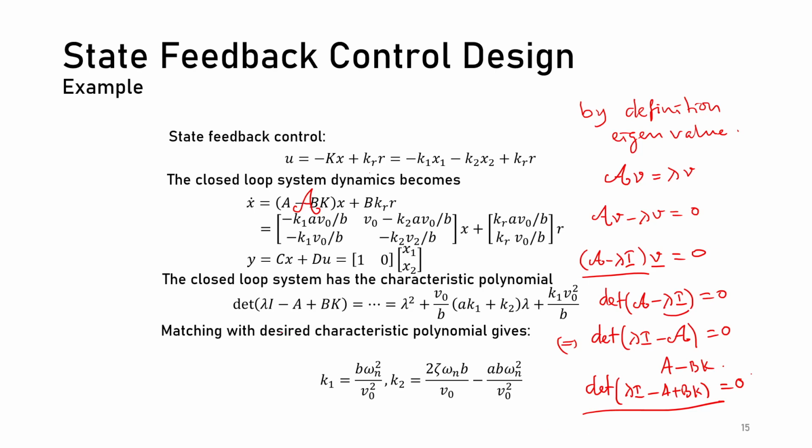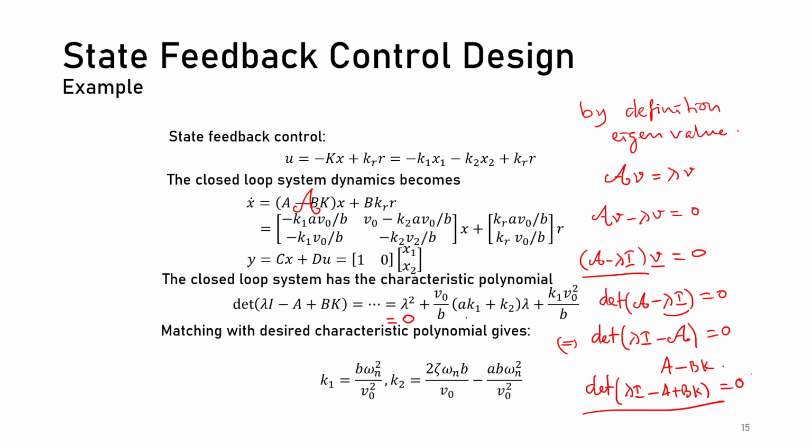Then you substitute A, B and K, then you can easily find the polynomial equation of lambda, this expression equal to 0. Okay, maybe I put it here.